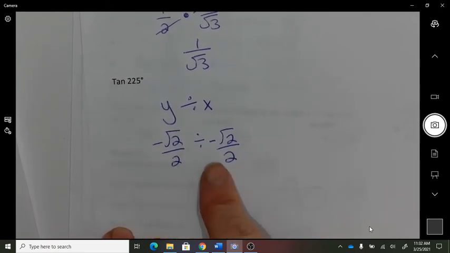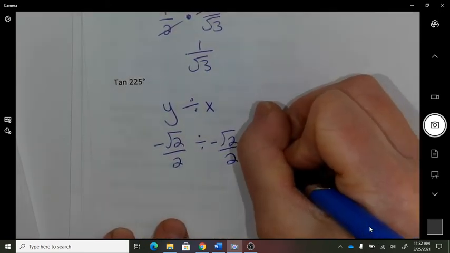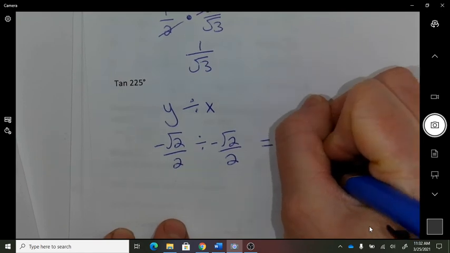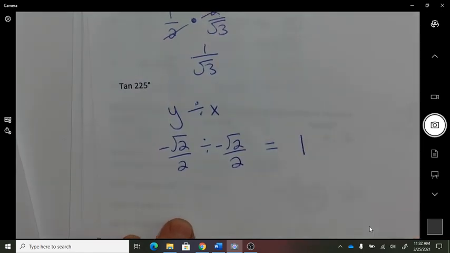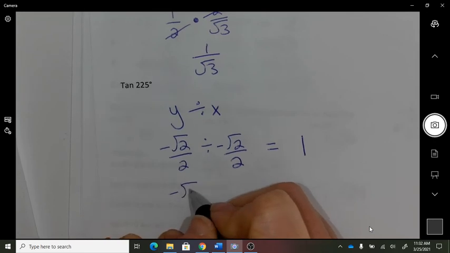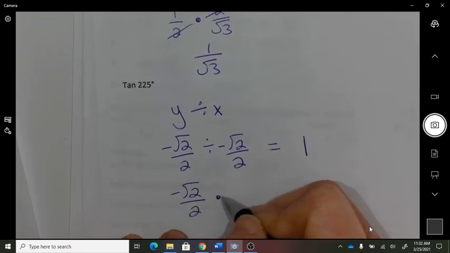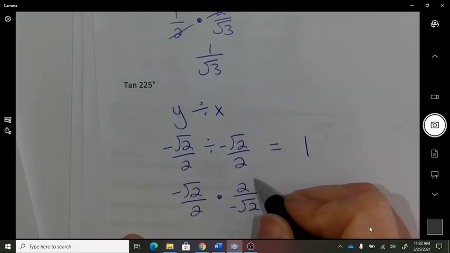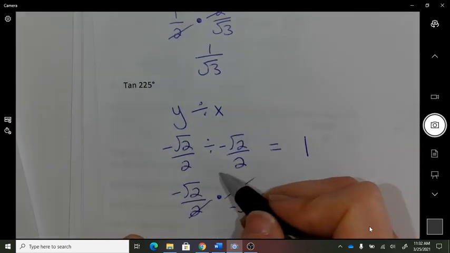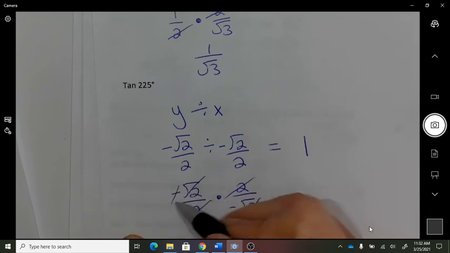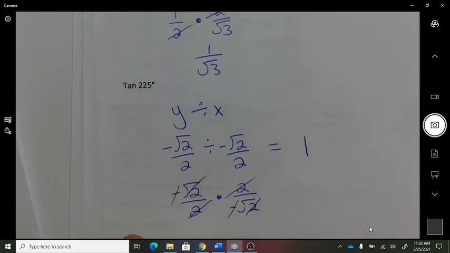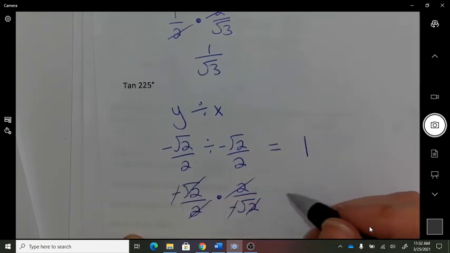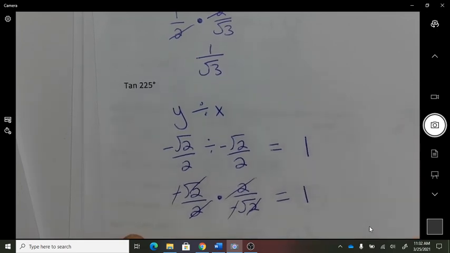So in math, if you divide two numbers that are the same, they would come out to be 1. Okay, if you didn't see it, you could have gone about your work with timesing and flipping. The 2's would cancel. The root 2's would cancel. The negatives would cancel. When everything cancels in math, a cancellation makes 1.